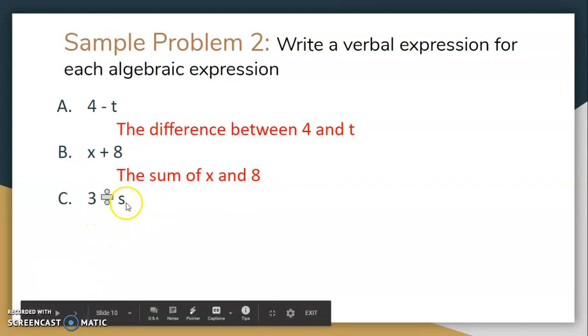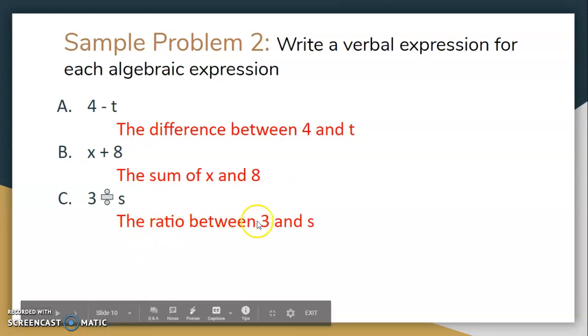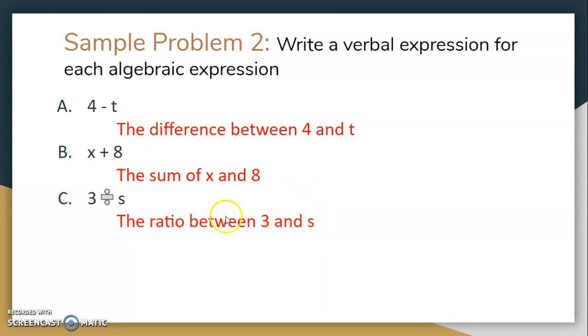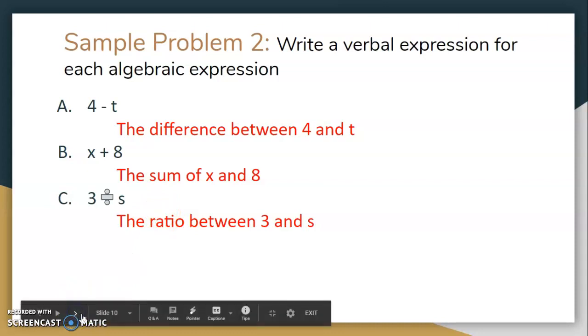3 divided by s. The ratio between 3 and s. So ratio is another term for divide. 2z, the product of 2 and z. Product means multiply, and then 2 and z. 21d minus 4.